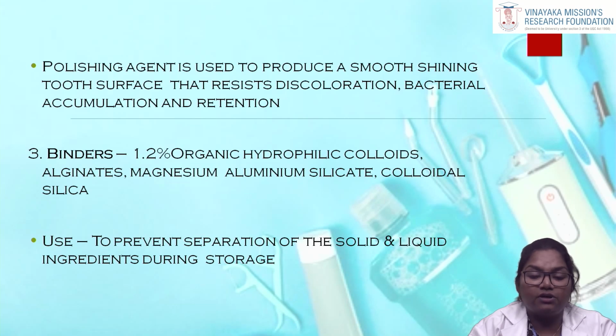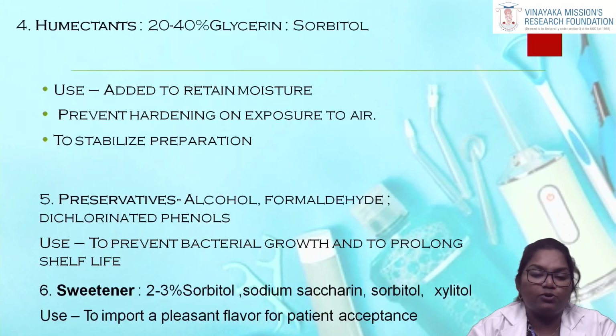Next, we have the binders. There is 1.2% of organic hydrophilic colloids, alginates, magnesium aluminum silicate, colloidal silica. It is used to prevent the separation of the solid and liquid ingredients during storage. So, as the name suggests, binders bind the solid and liquid ingredients during storage.